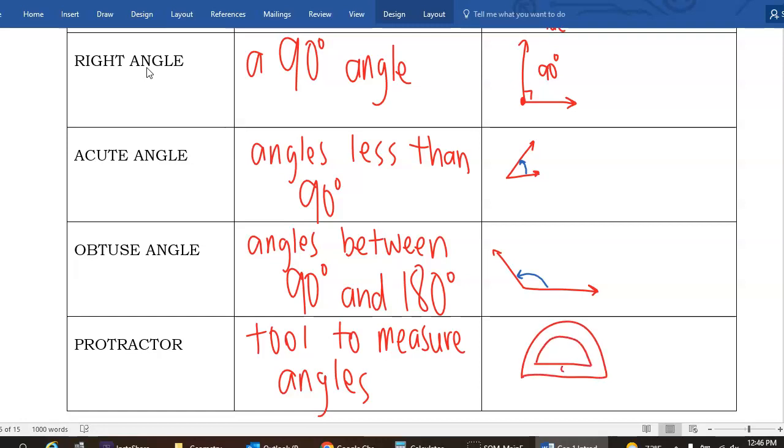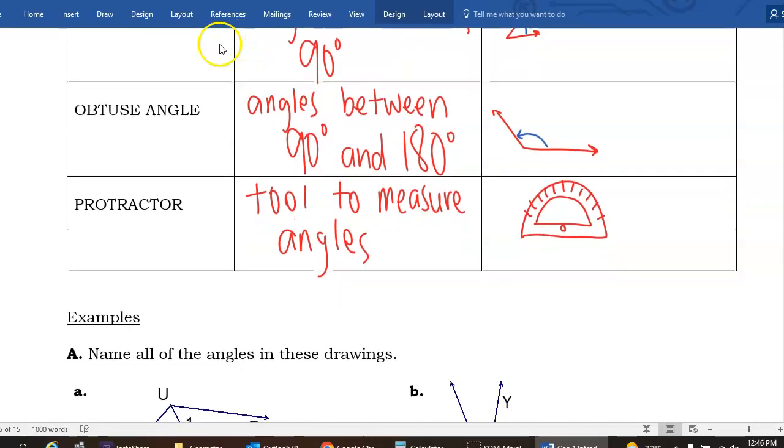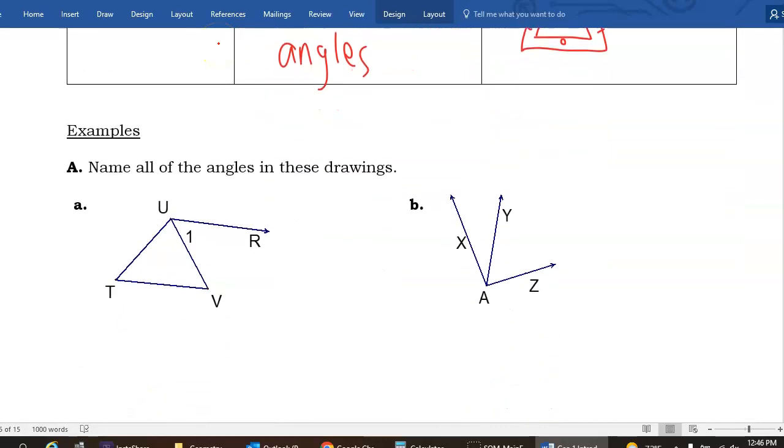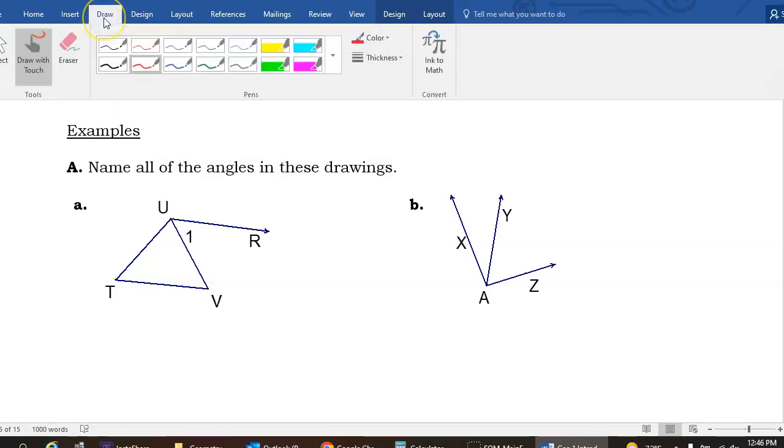There's a little circle here to help us with the vertex, and then numbers going along the sides here to help us measure our angles. But we'll talk about how to use a protractor further in this lesson after we talk about how to name angles. So you already heard me say we name them sometimes with one letter, the vertex, sometimes with three letters if there is more than one angle sharing that vertex.